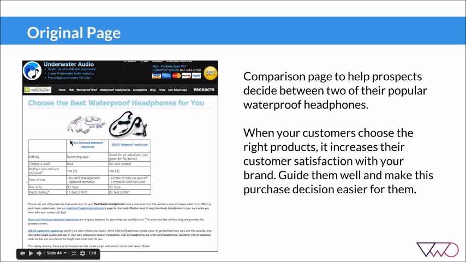For social sharing buttons on product pages, there are usually two schools of thought: that you should and you shouldn't have them. There are multiple pros and cons for each approach.